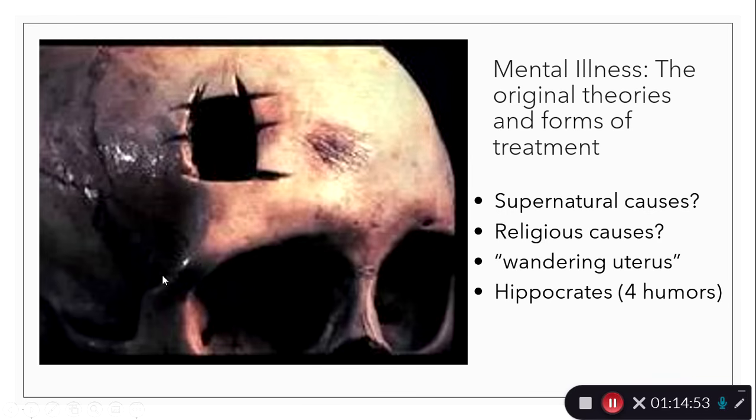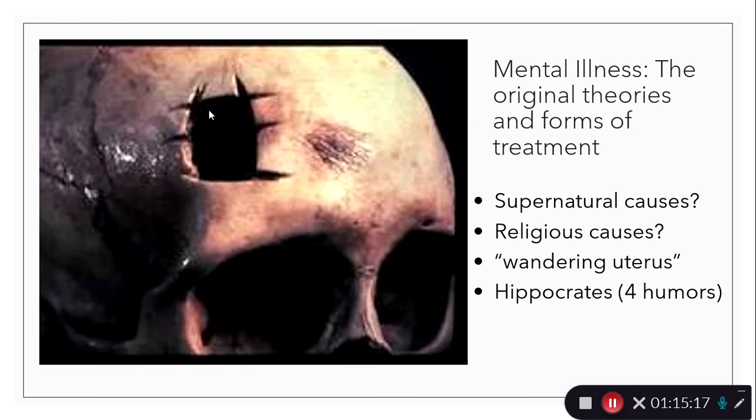Now what we have here, you guys are probably staring at the skull with the atypical hole in it. These two are supposed to be here. These are eye sockets. So this right here is from what we call trephination. Trephination goes all the way back to about 6,500 BC, and it supposedly started around France.